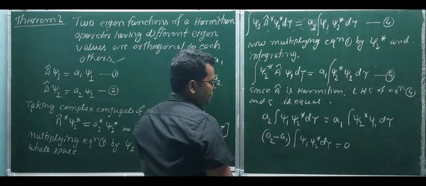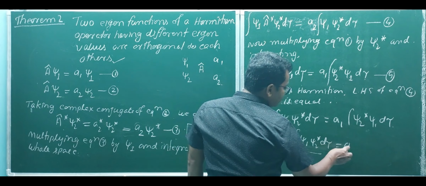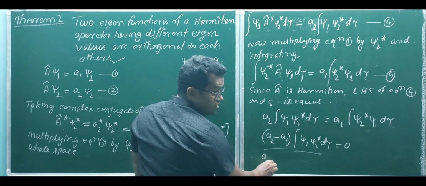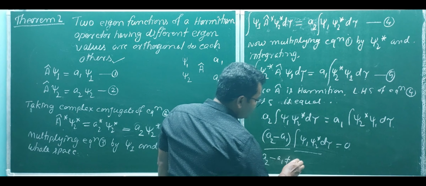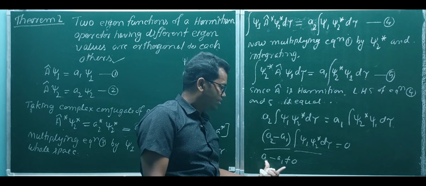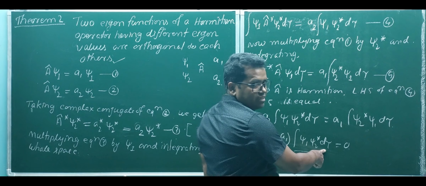Now you see, either this equals 0 or this equals 0, but A2 minus A1 is not equal to 0, because already you have seen they have different eigenvalues. A2 and A1 are not equal, so the integral must be 0.